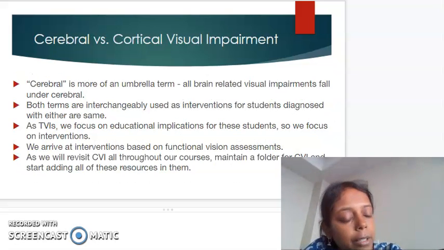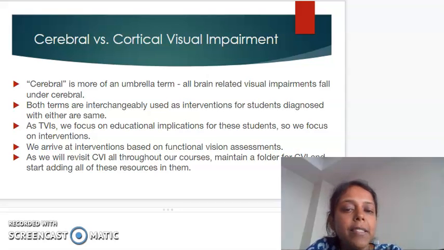There is some other term that is used interchangeably, which is cerebral visual impairment. As far as we understand, cerebral is more like an umbrella term that incorporates cortical. So all brain-related visual impairments fall under the cerebral term.